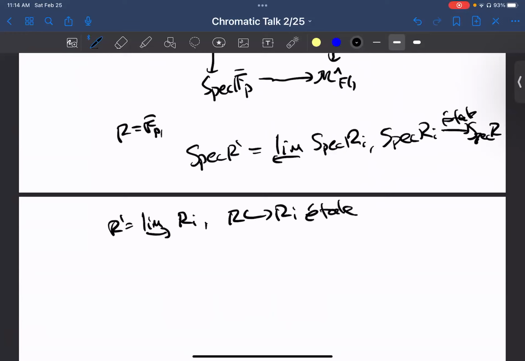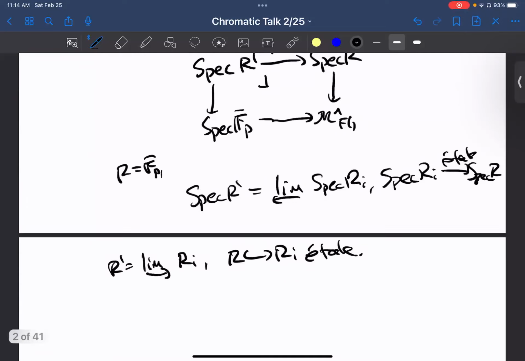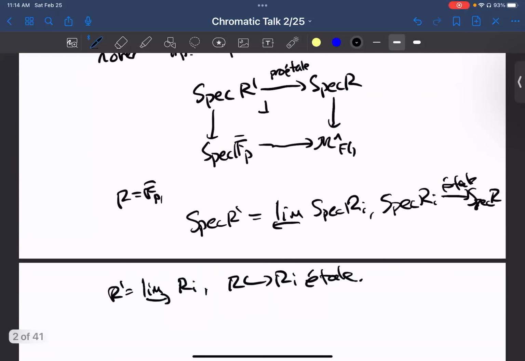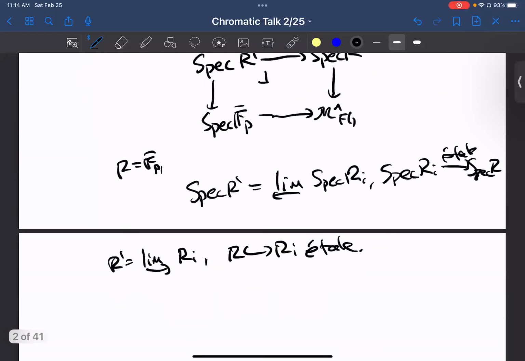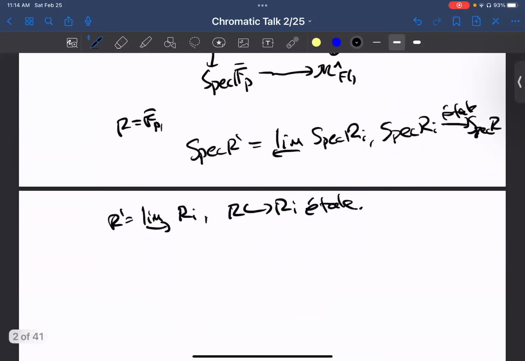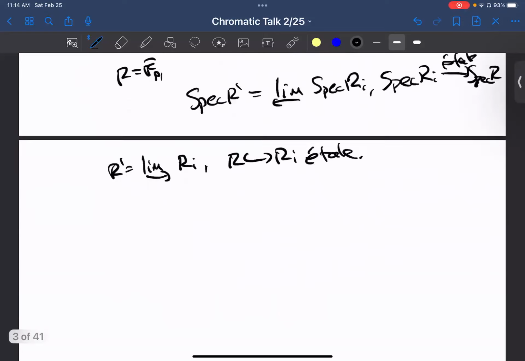In Lurie's notes, he doesn't call this a pro-étale map. It's a little bit more modern language, I guess, but he calls it just a direct limit of étale maps. But really what it means is a pro-étale map. This is very useful in arithmetic geometry, especially in tilting scenarios, which is going to come up with the chromatic Nullstellensatz, the tilting at least. All right.